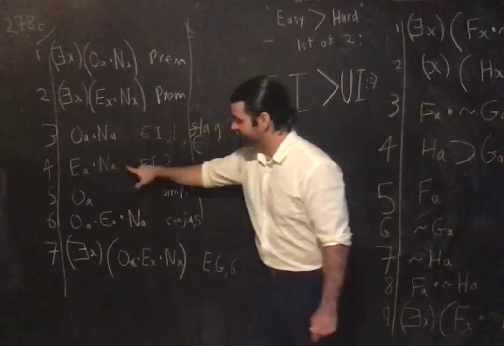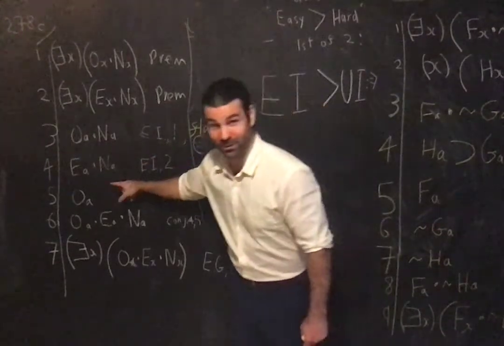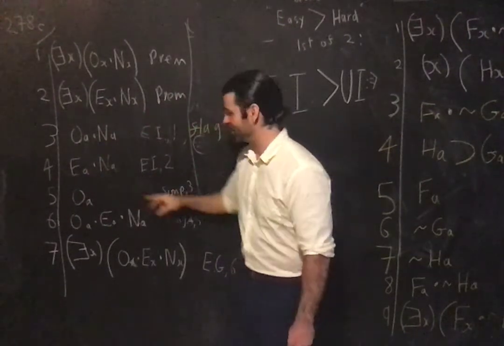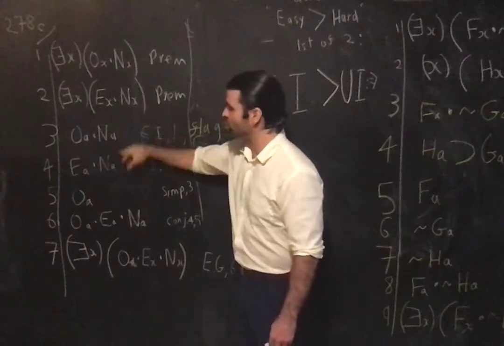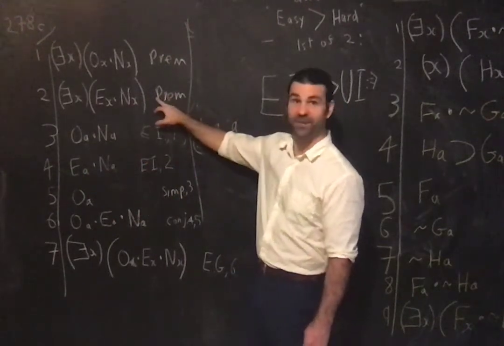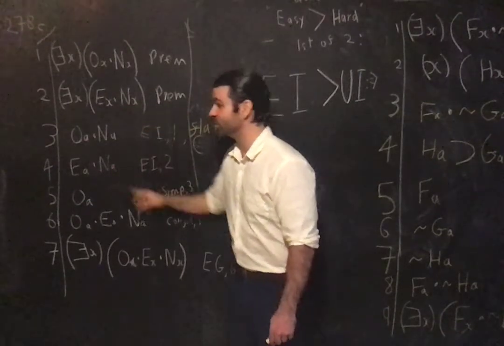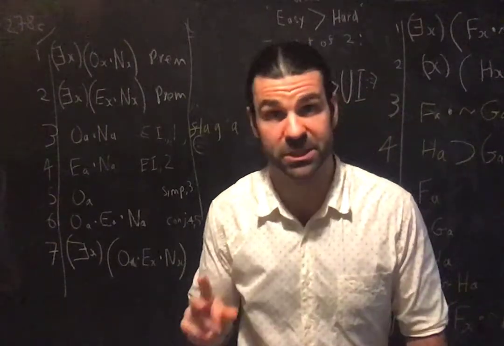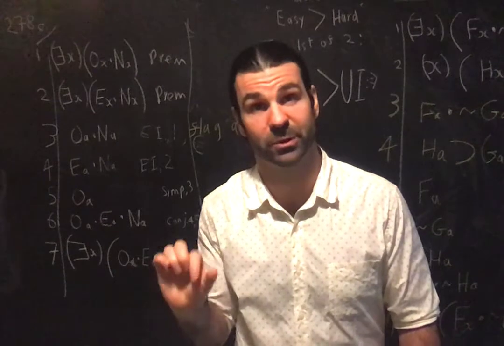But look what happens in step 4, which is the one we wanted to stop. We didn't want the particular even number we're instantiating to be the same number. Step 4 would be an application of EI from 2, an existential instantiation from 2. Now, the restricted rule of existential instantiation says you must flag the letter and that the flagged letter must be new to the proof.